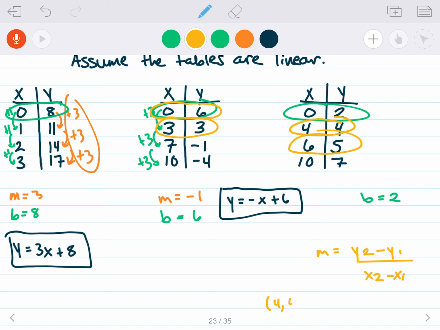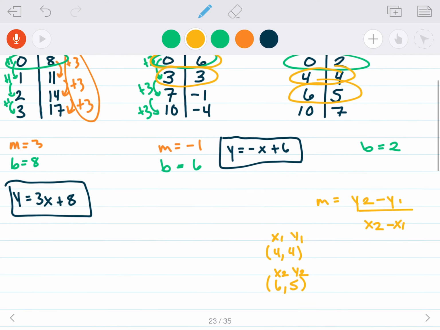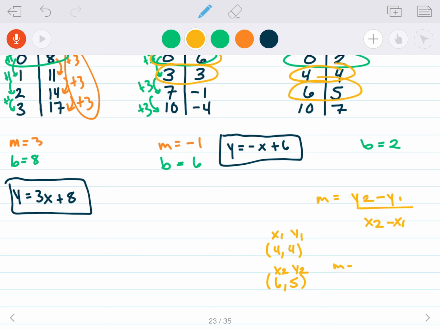My first point is 4, 4, that's x1, y1, and my second point is 6, 5, x2, y2. Alright, plugging these values into my formula, y2 is 5, minus y1 is 4, all divided by x2 is 6, minus x1 is 4.